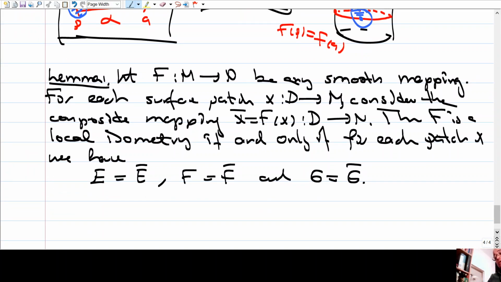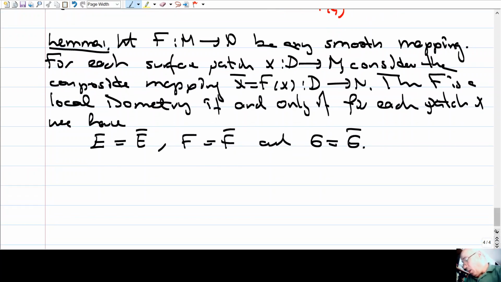Okay, so E, F, and G are the elements we obtained from the surface patch x, lengths of the vectors and inner products of vectors, and E bar, F bar, G bar are analogous terms on the surface N obtained via the surface patch x bar, which is the composition of f and x.